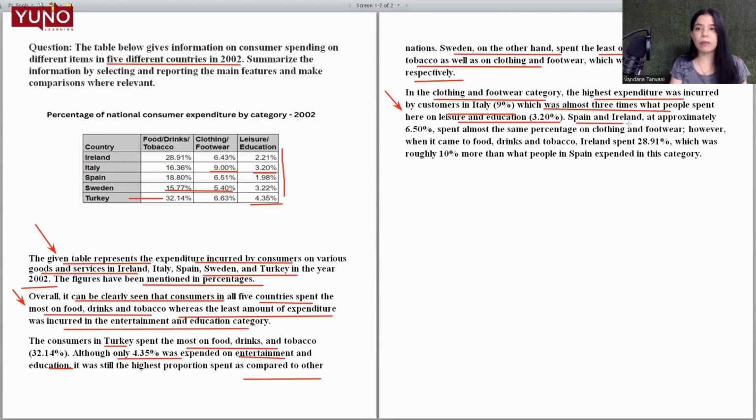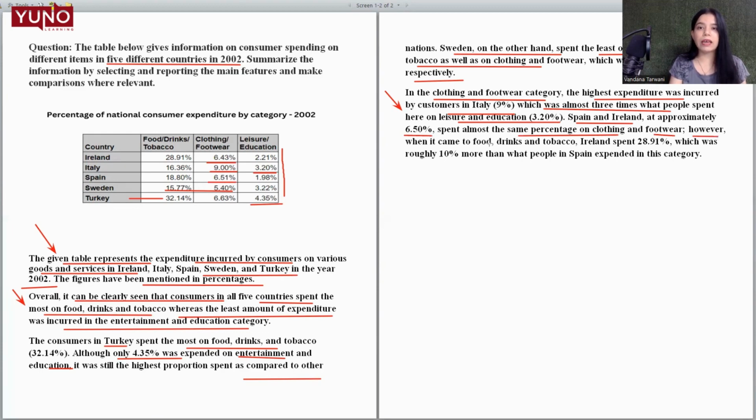And then we are talking about Spain and Ireland. Spain and Ireland, at approximately 6.50%, spent the same percentage on clothing and footwear. So Spain 6.51% and Ireland 6.43%, almost the same amount was spent by these two nations on clothing and footwear.